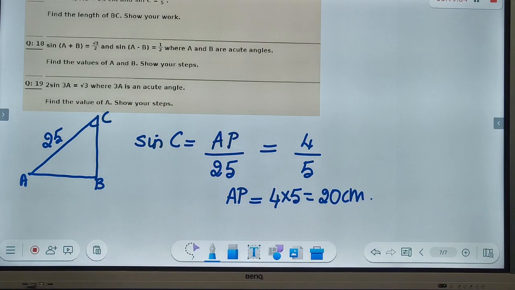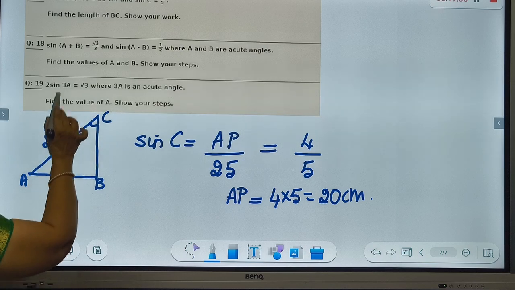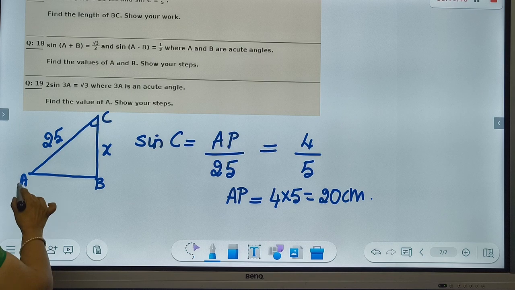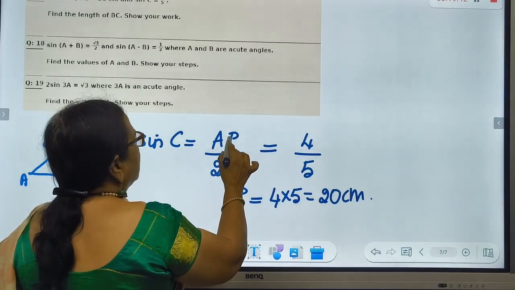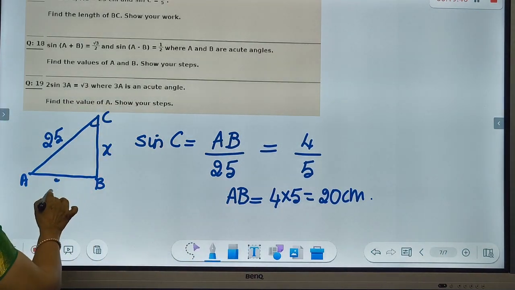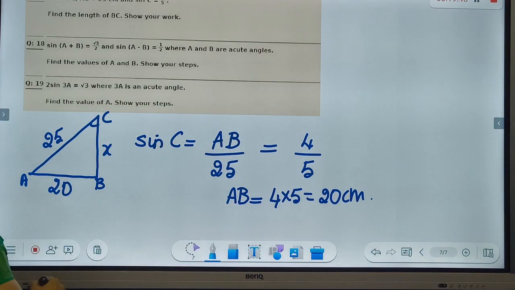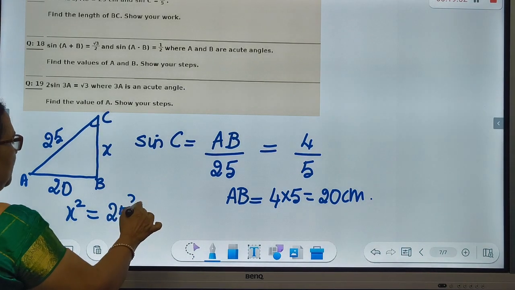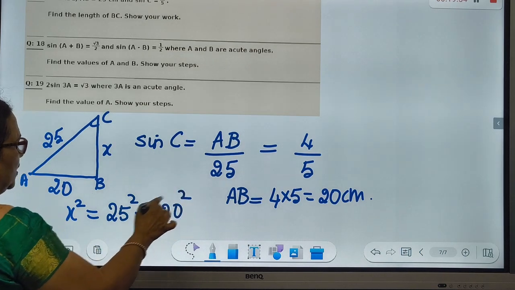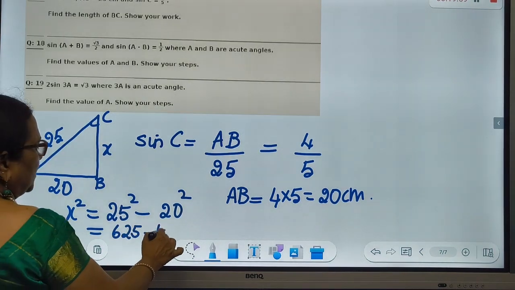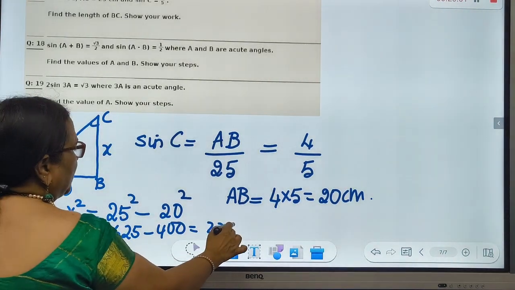Now, they have asked you to find the value of BC. AB is 20. So, x square by Pythagoras theorem is 25 square minus 20 square, which is 625 minus 400, which is 225.